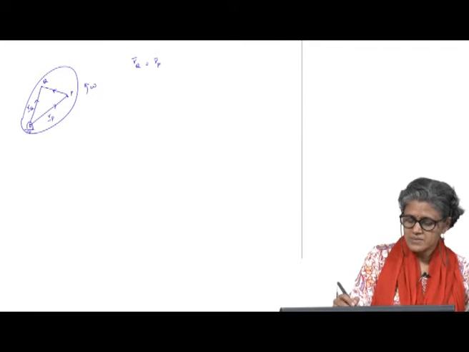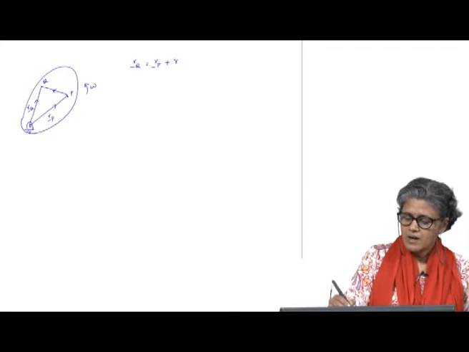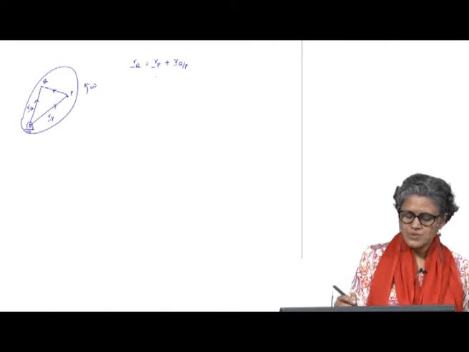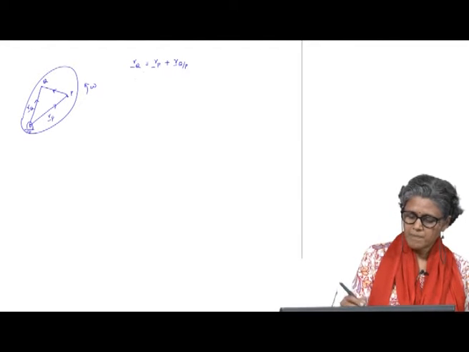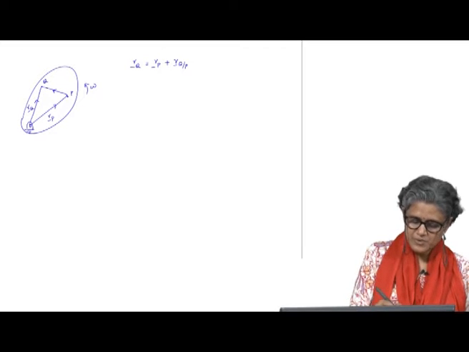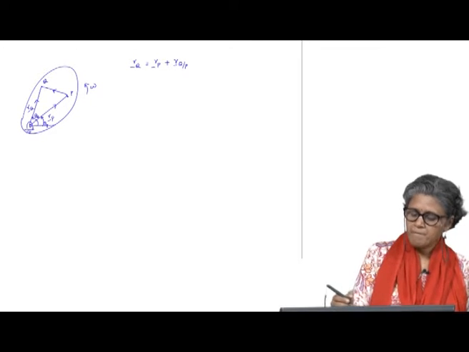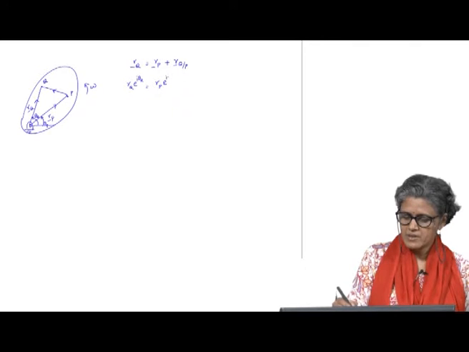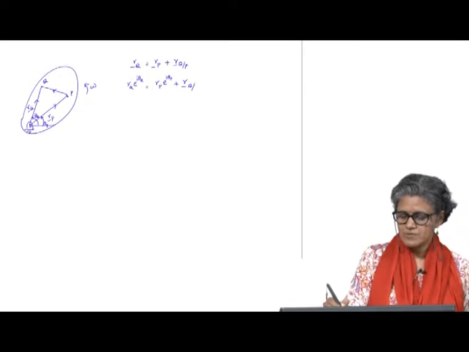RQ is RP plus R of Q relative to P. I can write R of Q as RQ e power I theta Q, and RP as RP e power I theta P, so RQ e power I theta Q equals RP e power I theta P plus R of Q relative to P.